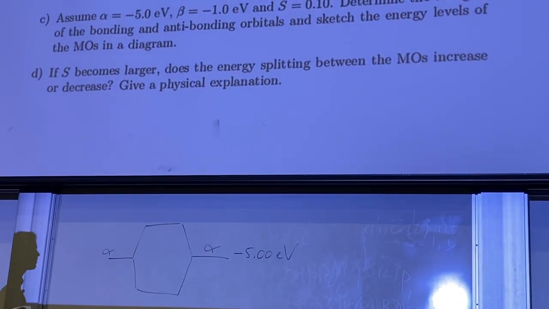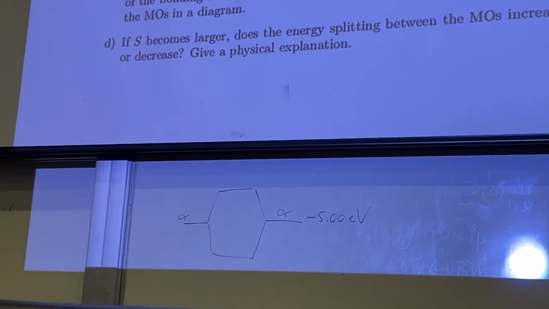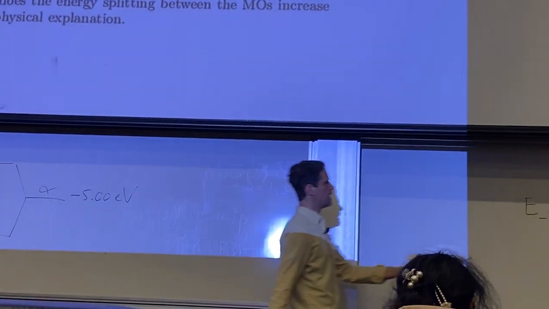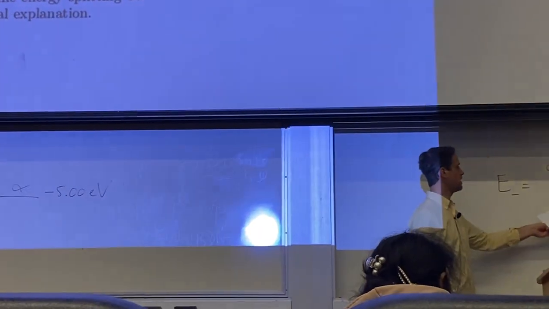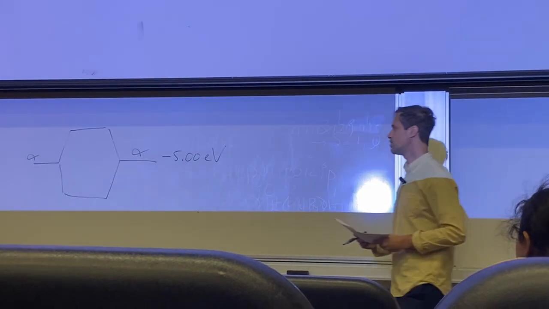I have expressions for the energy of the bonding orbital, as well as for the anti-bonding orbital, which is over here. And I have values for alpha, beta, and S. I'm just going to simply pop them into these equations and calculate what these energies are.